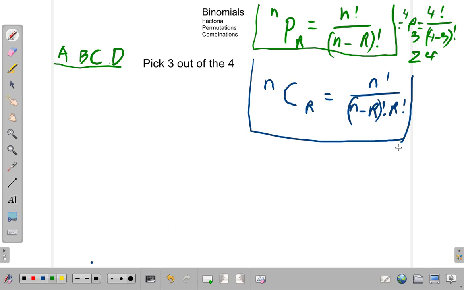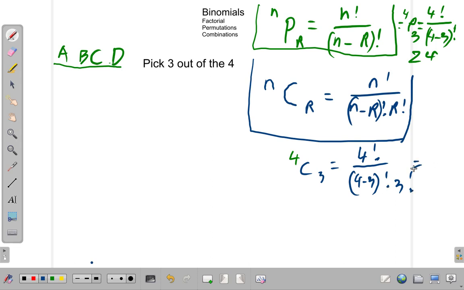But what would it be for the combination? You have 4 choose 3. With combination, it would be n factorial, which is 4 factorial, divided by 4 minus 3 factorial, that's n minus r factorial, times r factorial, which is 3 factorial.